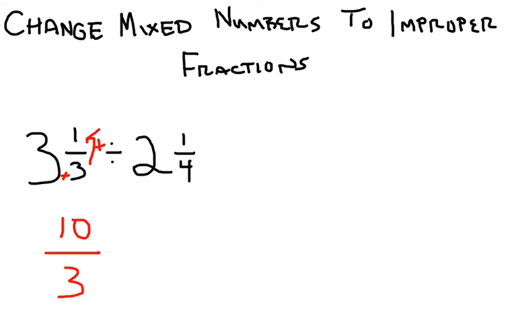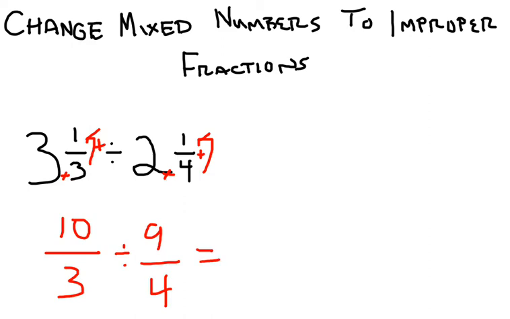My denominator stays the same. 2 times 4 is 8, plus 1 is 9. And I keep my denominator of 4. So now I have 10/3 divided by 9/4, and now I'm going to follow my rules of keep, change, flip.